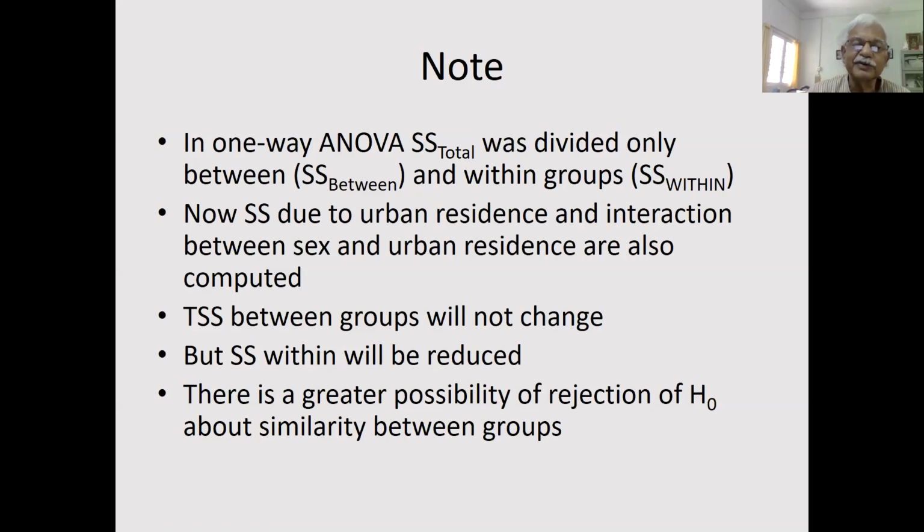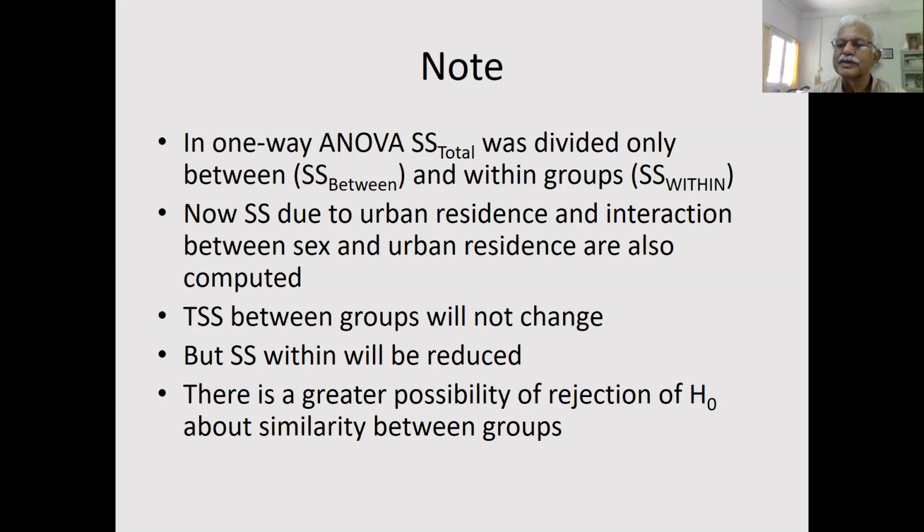Total sum of square between groups will not change, but sum of square within will be reduced. If you apply one-way ANOVA and consider only sex at a time, then that will be same. Sum of square and mean sum of square will be same as in two-way.